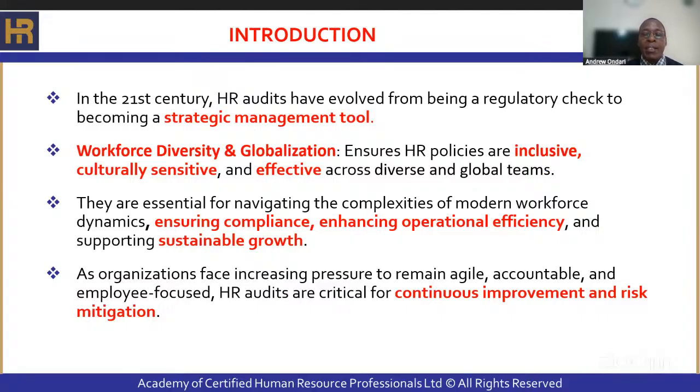Overworking means that they are overwhelmed by so many tasks and therefore they are not efficient. And underutilization means that you are giving them so little that they finish their work even before the day ends. That is wastage. So we should be auditing our HR function to ensure that people are engaged throughout the day. So we shall be looking at one of the metrics of measuring employee engagement.